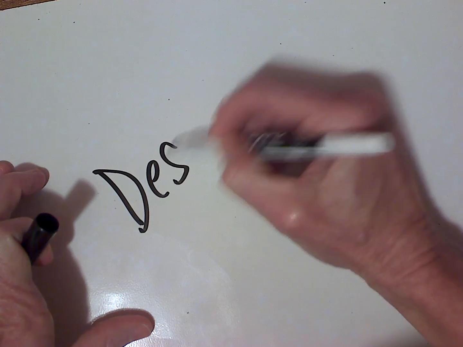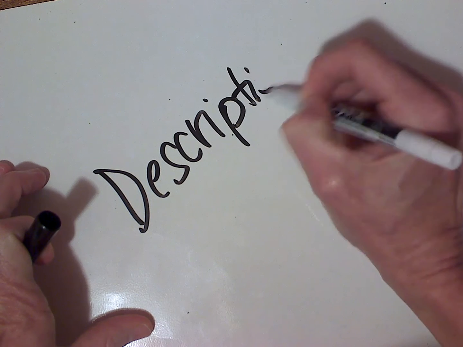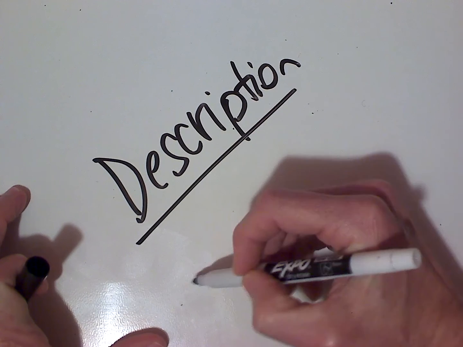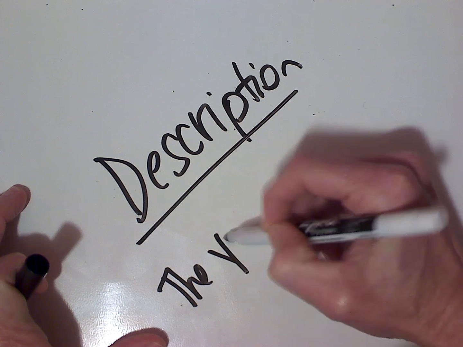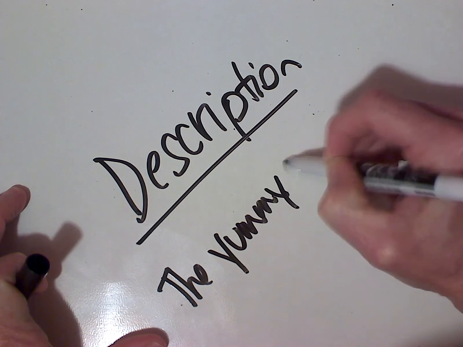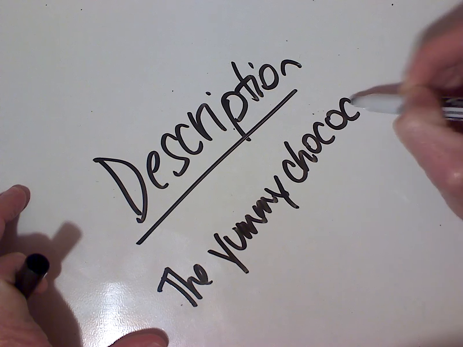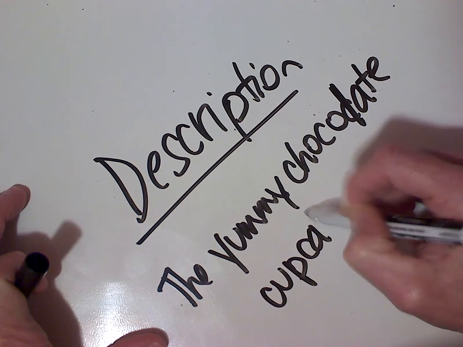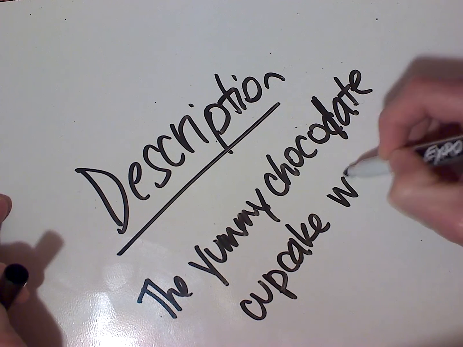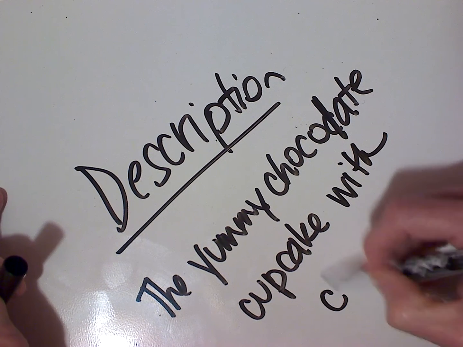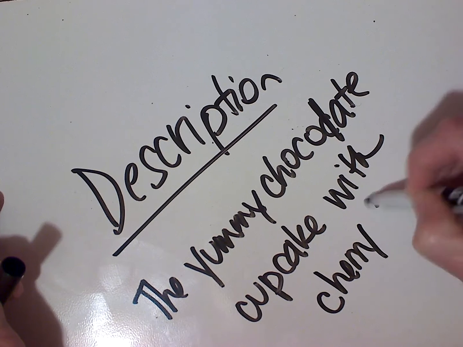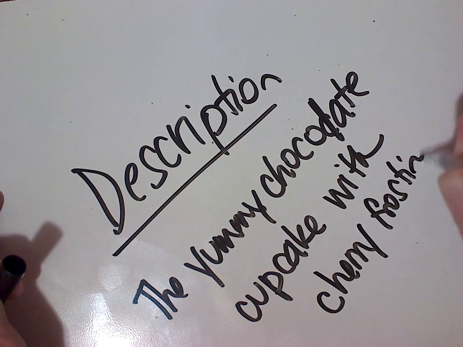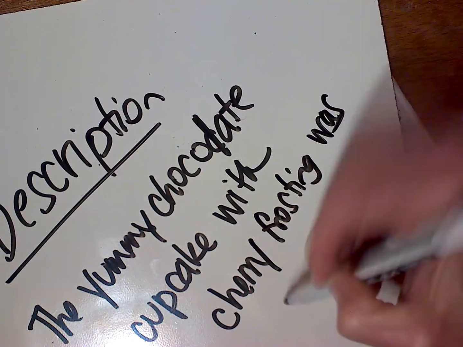And description is just simply describing something. For example, if I were talking about a cupcake, I might say the yummy chocolate cupcake with cherry frosting was delicious.